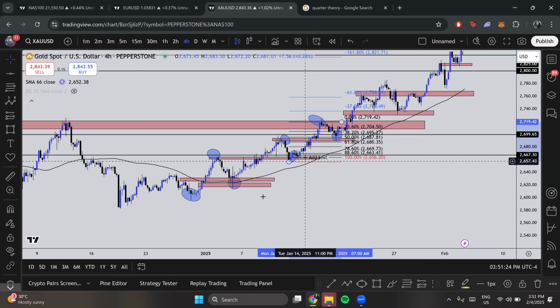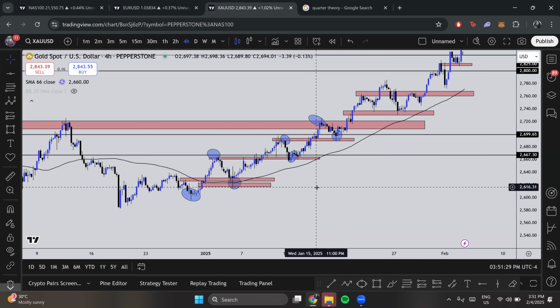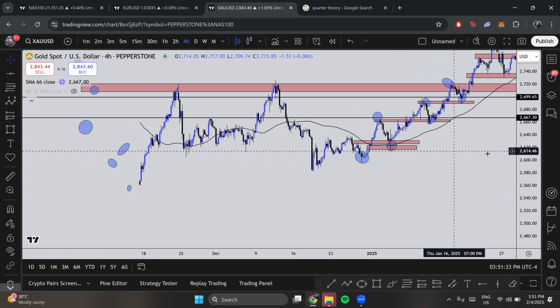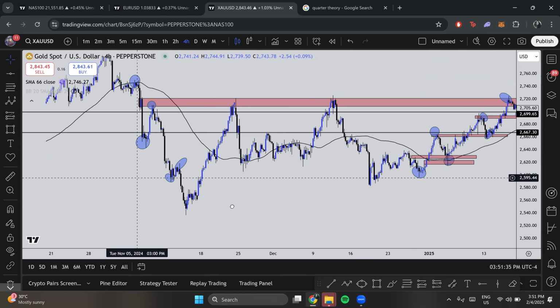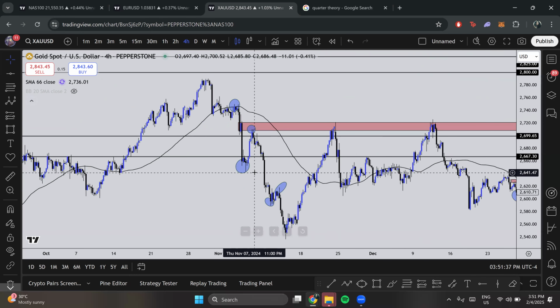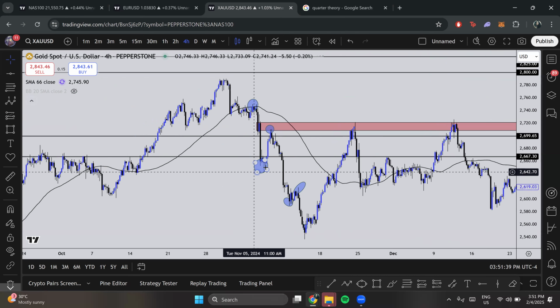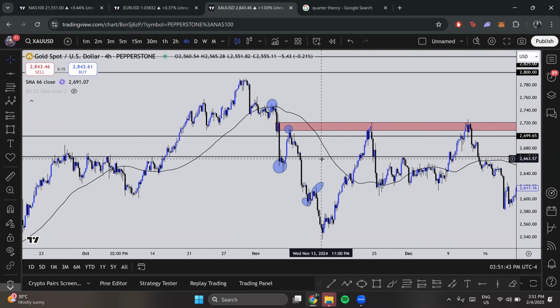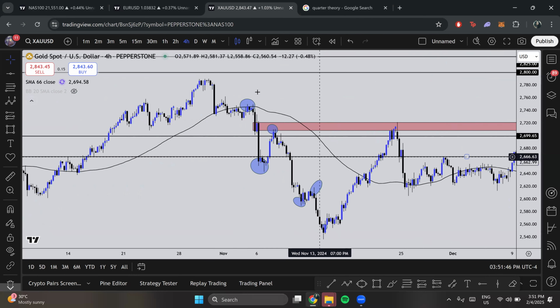Let me see if I can get one sell example for you guys before I end this tutorial. Okay, so the example I would like to use is over here because this is where I see perfect sell price action. We're simply going to start from the top here to the low here.